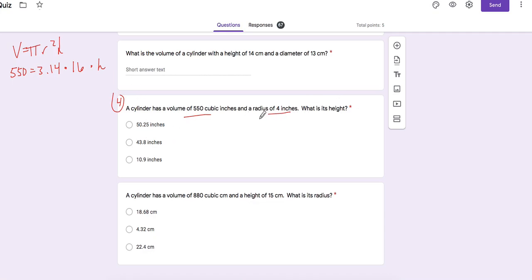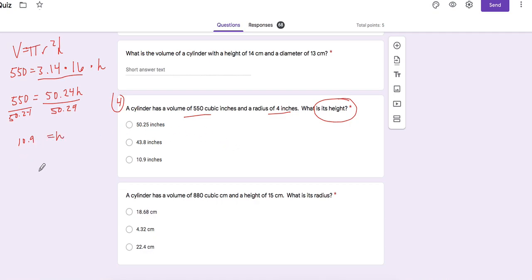I got 16 because the radius is 4 and 4 squared is 16. From here, I'm going to multiply these together and simplify that. So I have 550 is equal to 50.24 h. Now to get this h by itself, because the question is asking what's the height, I'm going to divide both sides by 50.24. I'm left with h is equal to about 10.9.